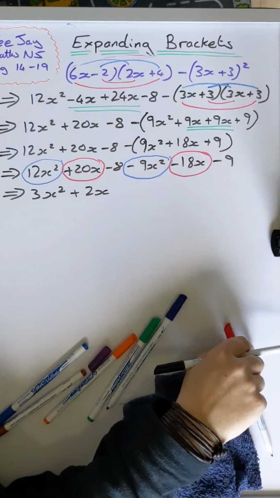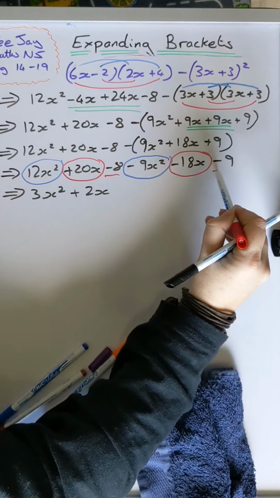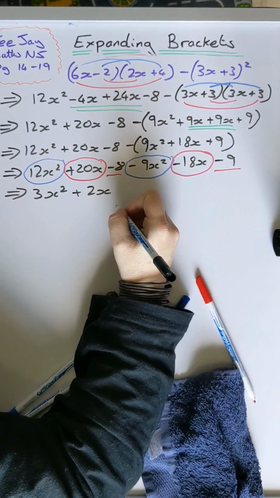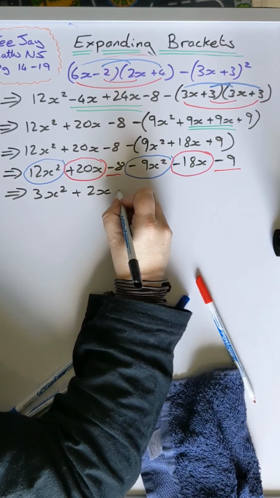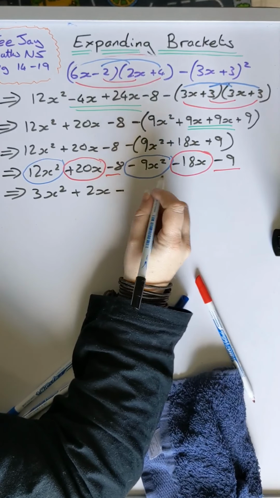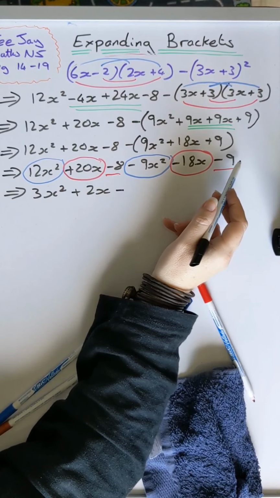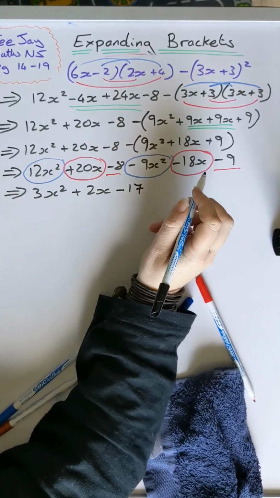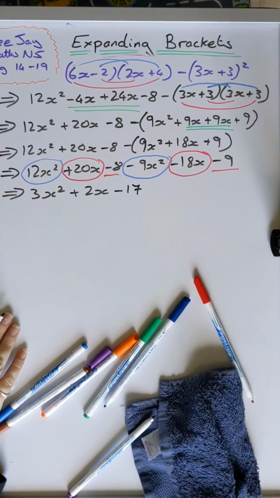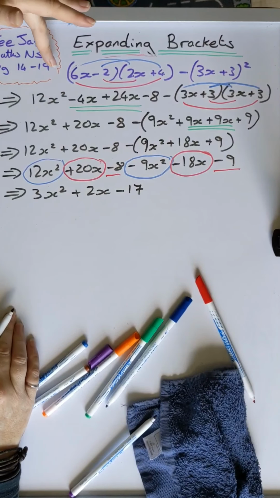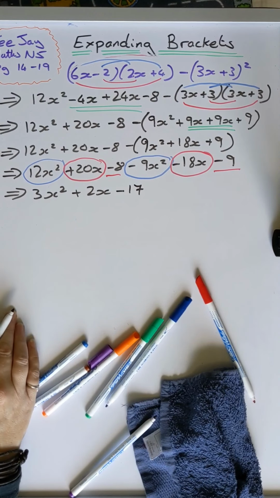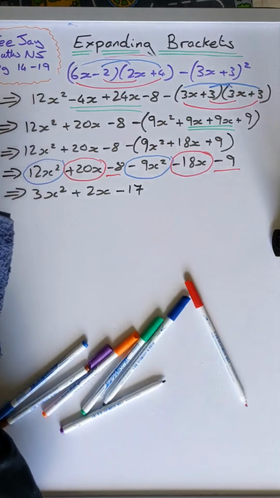And then finally, minus 8 minus 9. Because we're subtracting and not multiplying here, that becomes a minus answer. 8 add 9 is 17, so minus 17. And that's our final answer. So this whole complicated thing became this simple equation. Let's say simple.